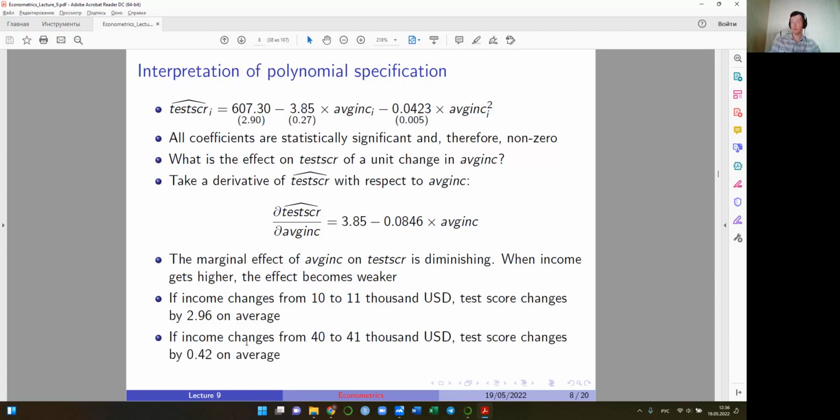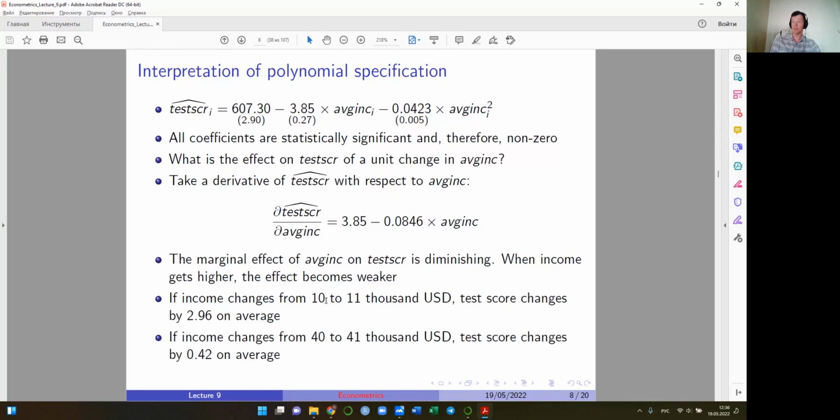And if income changes from 40, sorry, I was explaining you from the class size. Yeah, I was wrong. There is no class size here. There is only income here. Yes, so only when the income increases by some amount, the test score increases.